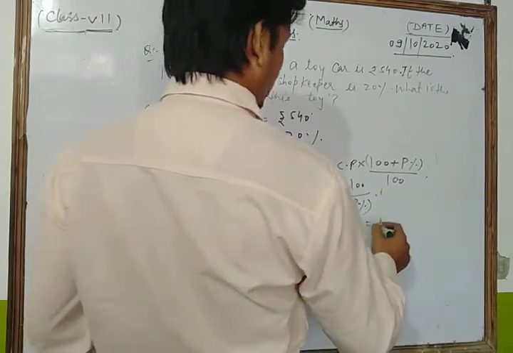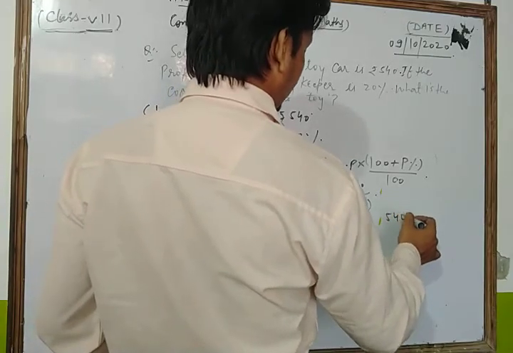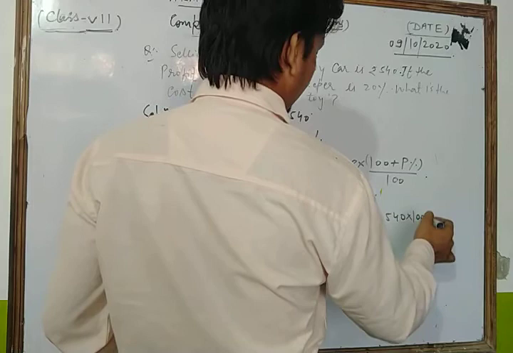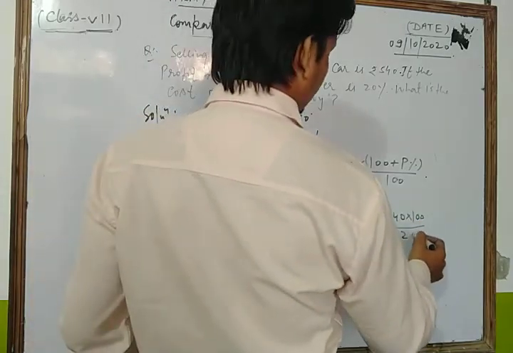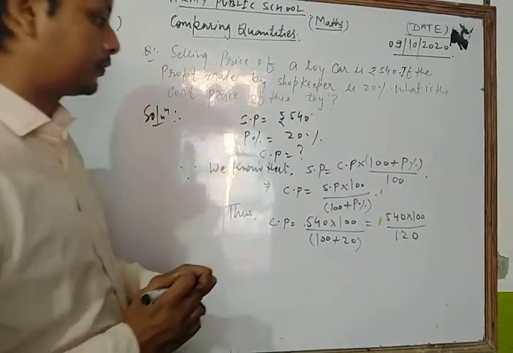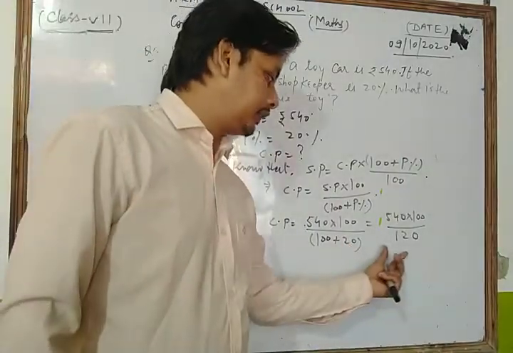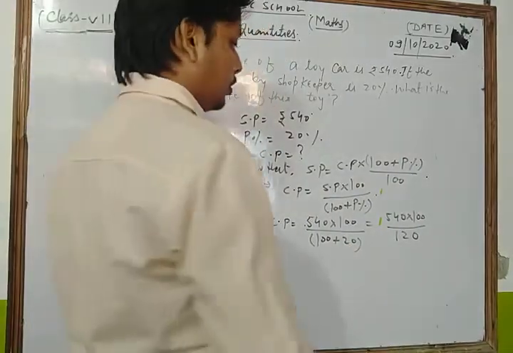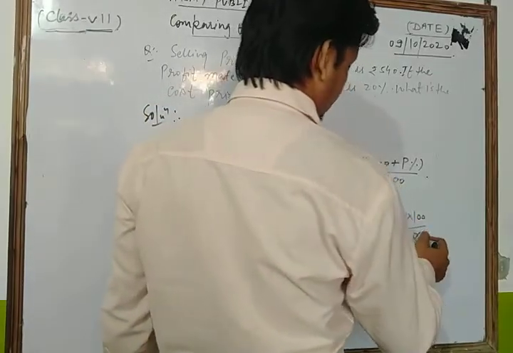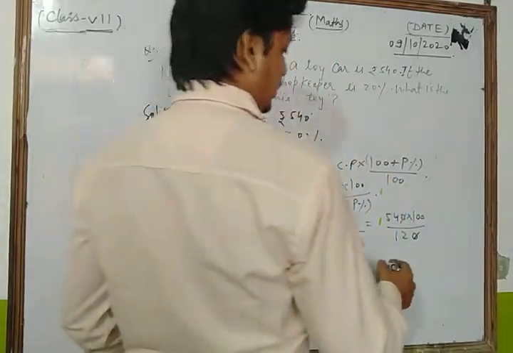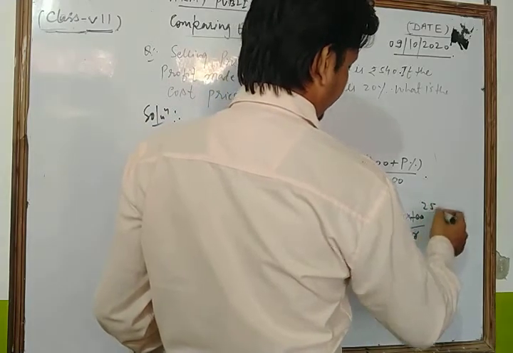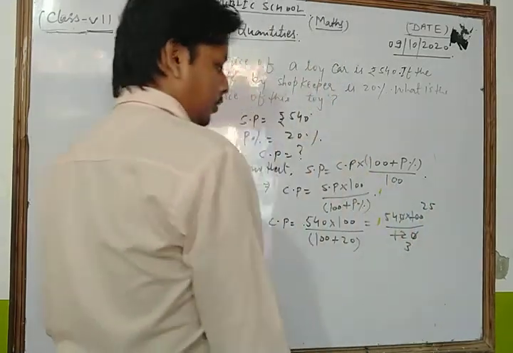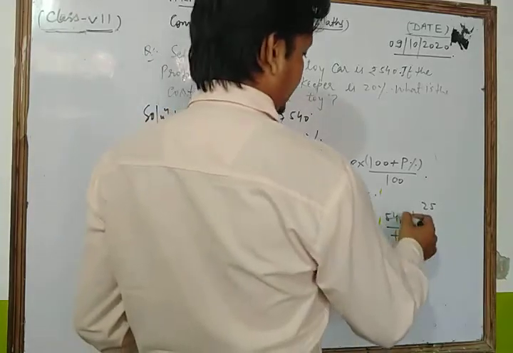Now we solve them. Solving them, we have 540 into 100 upon 100 plus 20, that is 120. 100 plus 20, so we get 120. Now look here, 0 0 cancel to each other. Now we simplify them by 4: 4 25, 4 3 is 12, and 3 18, we get 18.